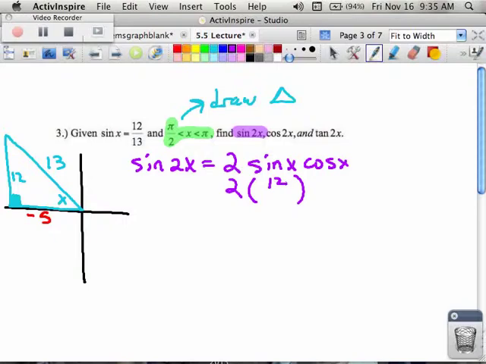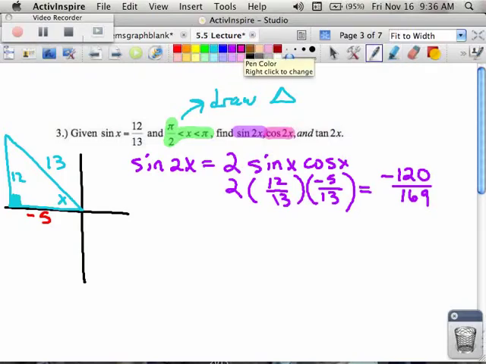You'll notice that in the 3 formulas for cosine of 2x, I only memorize 1. The one I know is cosine squared of x minus the sine squared of x. They will all produce the same number. Pick one, memorize it. Doesn't matter which one, I don't care. What does this mean? This means that I have something squared minus something squared. The cosine we know is -5/13, and the sine was 12/13.